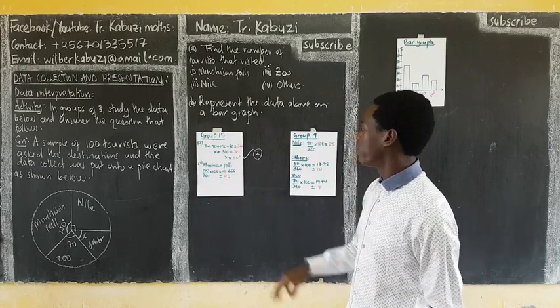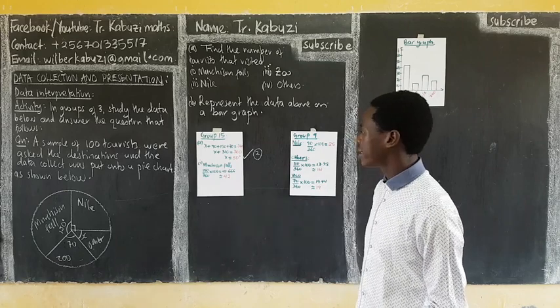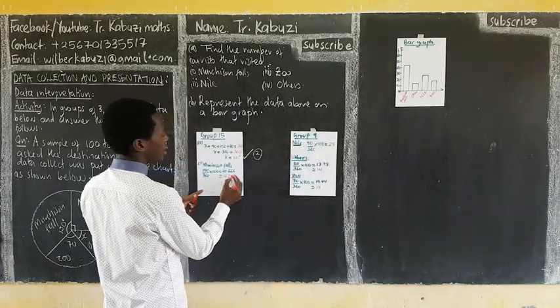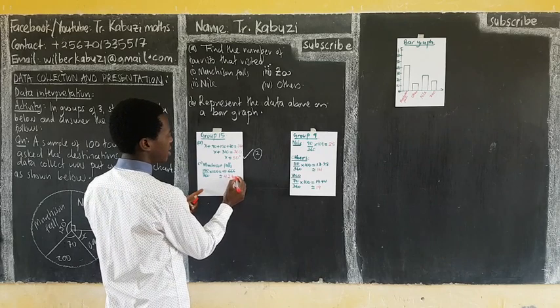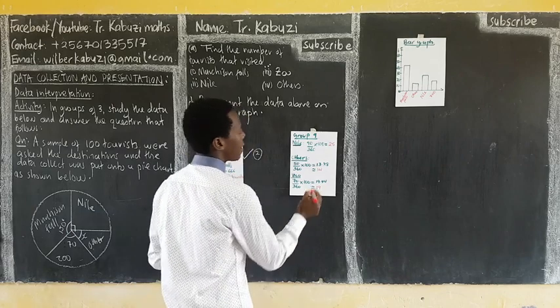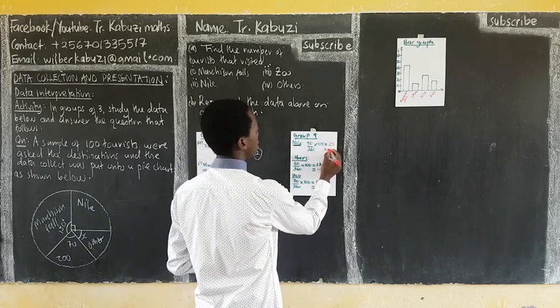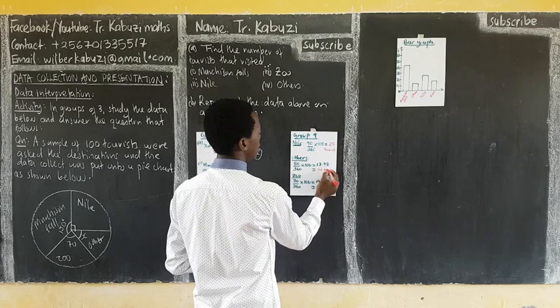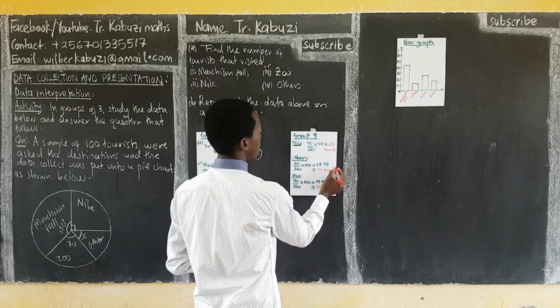But here you had to put that these are tourists. So you always indicate that these are 42 tourists. Even here, 25 tourists. Always put the units. If there were students, you put students.